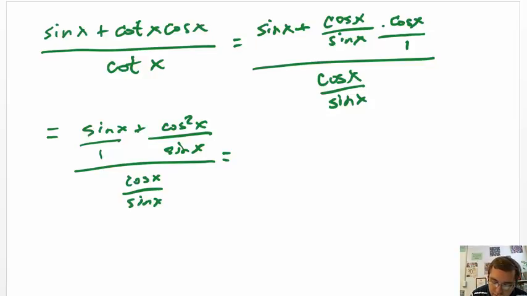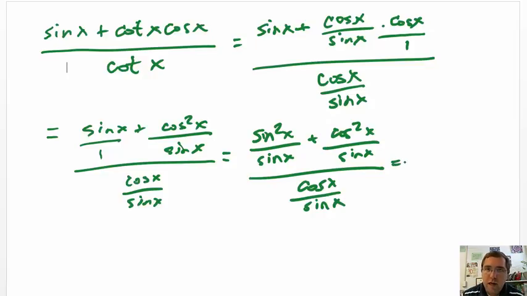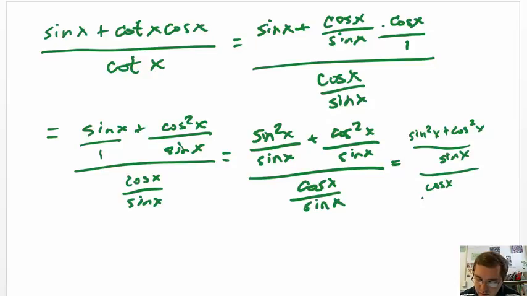Sine squared x over sine of x plus cosine squared x over sine of x, all over cosine x over sine x. So now that I have the common denominator on the top there, I'll combine those into one fraction, giving me sine squared x plus cosine squared x over sine x, all over cosine x over sine x.